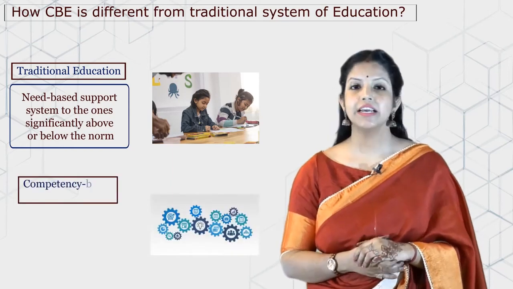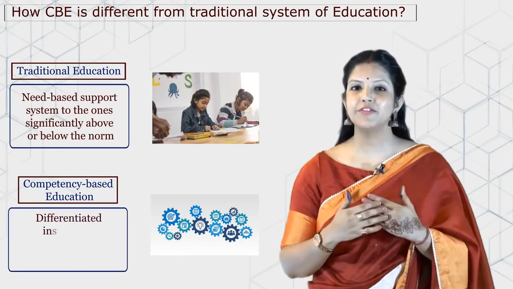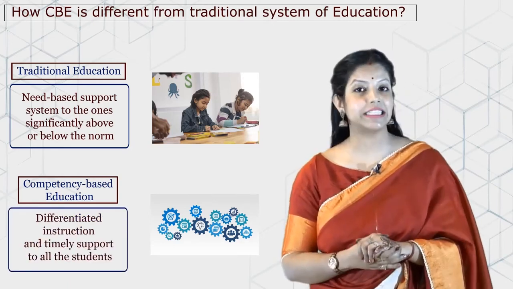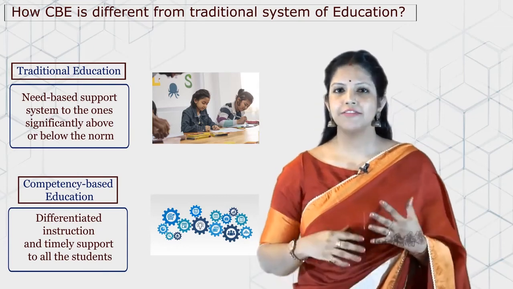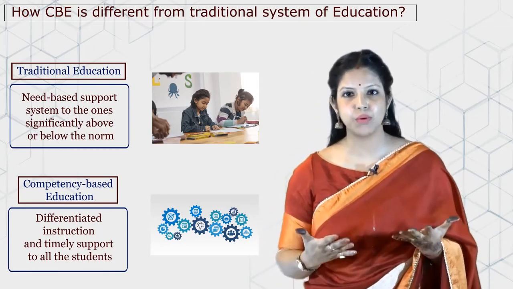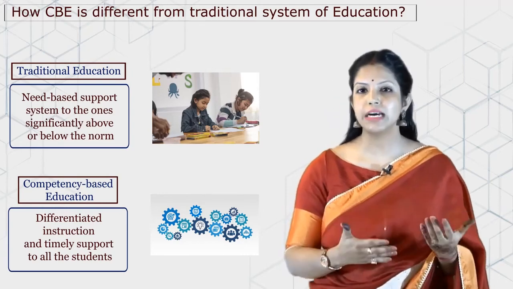In contrast, the competency-based system is designed to offer differentiated instruction and timely support to all the students. It offers flexi-time and additional support to students irrespective of their performance below or above the norms.